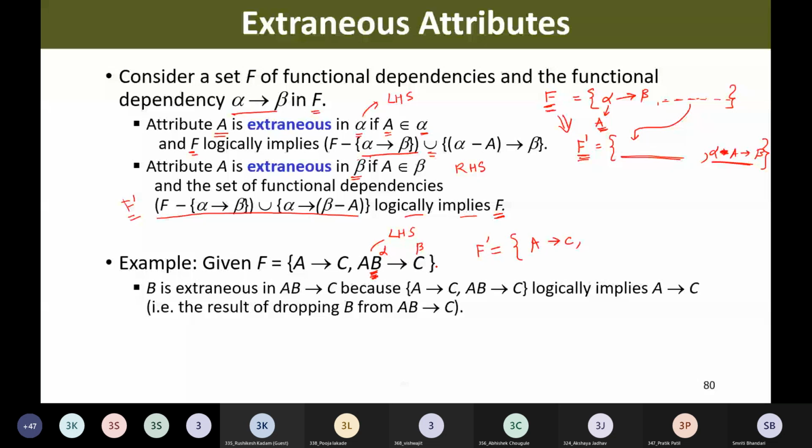Once again, I'll be having this A to C after omitting this B from my left hand side, because I'm testing for this B.